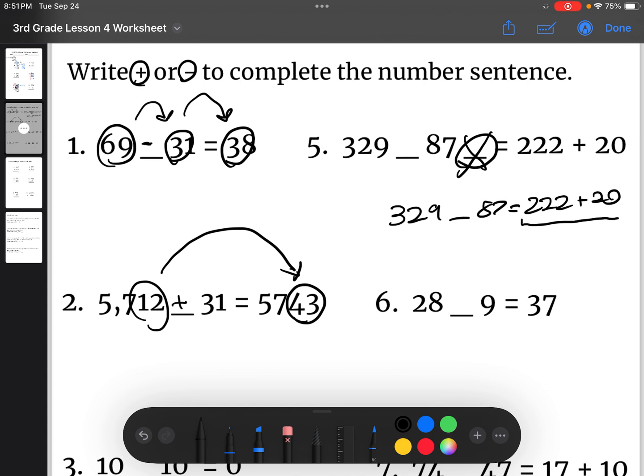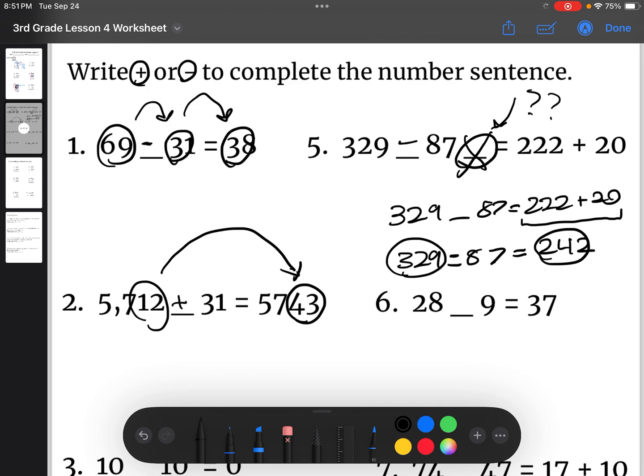So what you're going to do is add the right side first, which gives you 242. Then you do the math. 329 blank 87 equals blank, and we know that you can't get from 329 to 242 by adding, so it must be subtracting.